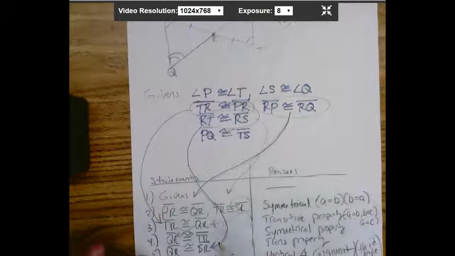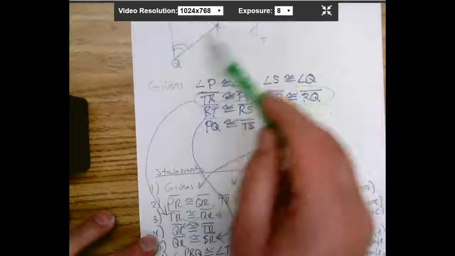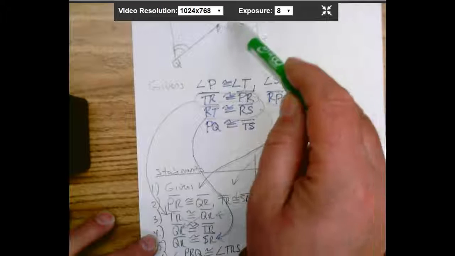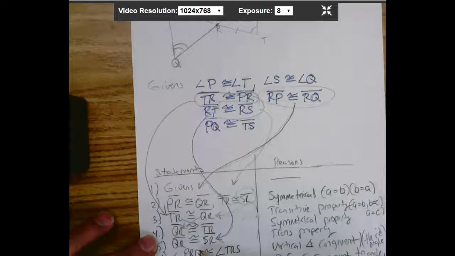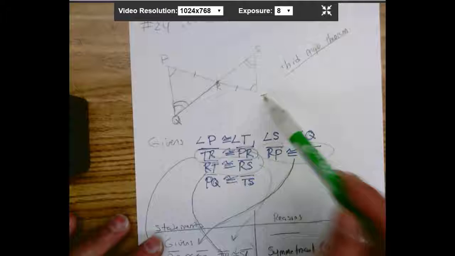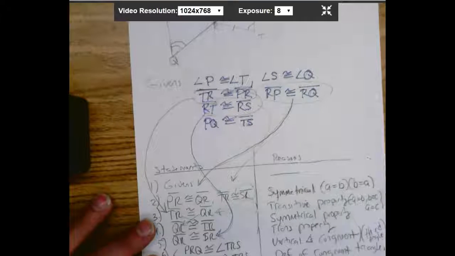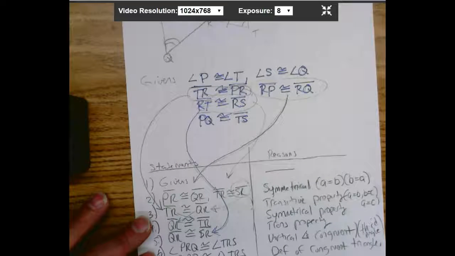Because that was the only thing we were worried about, this R right here, whether these lengths are the same, and we see that they are. By proving that and using these properties, we know that since this angle here is equal to that angle, triangle PRQ is congruent with triangle TRS. And that's the definition of congruent triangles.